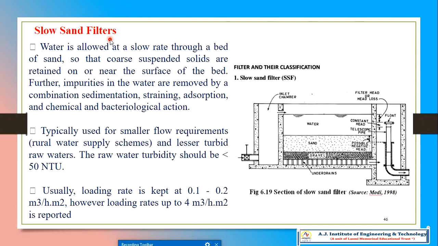Okay, that is all. Here the water is allowed to pass at a slow rate through the bed of sand, so that the coarse suspended solids are retained at or near the surface of the bed. Further, the impurities in the water are removed by a combination of sedimentation, straining, adsorption, and chemical and biological action.